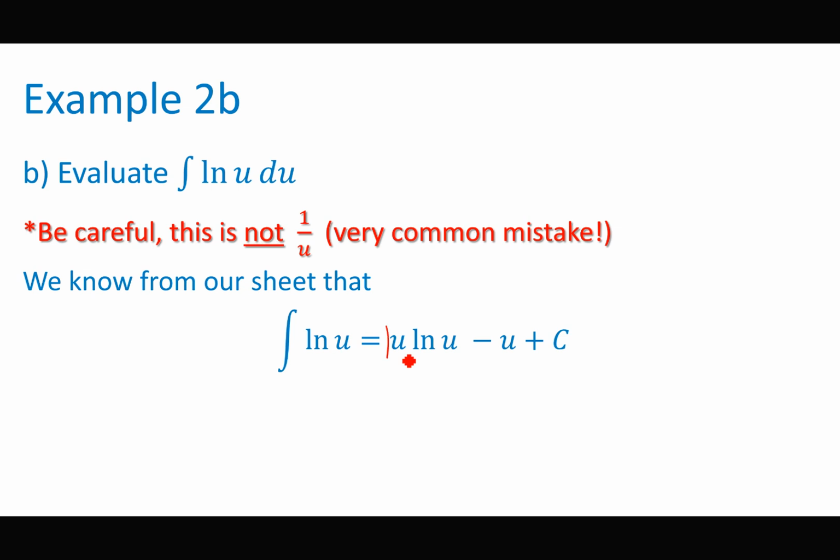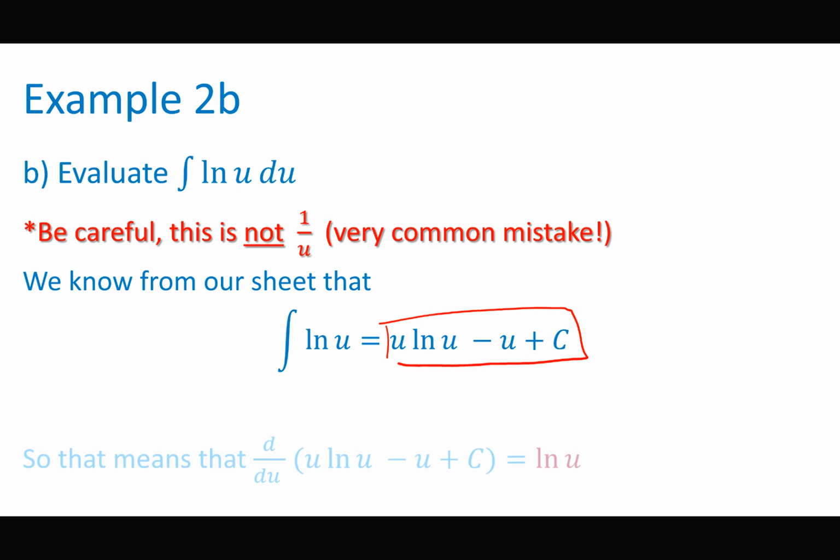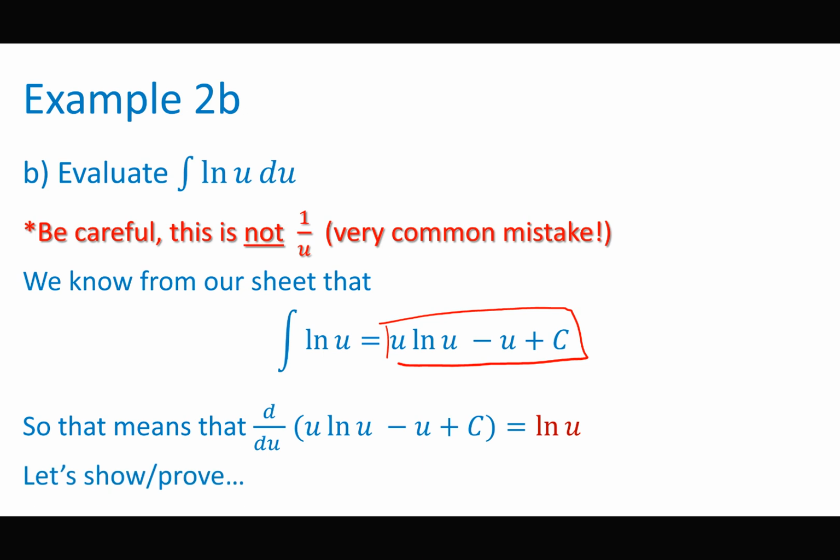All right, this one's kind of nasty. u natural log of u minus u. Like, how am I going to remember that? Okay, let's actually show or prove that this is true. So that means if I take the derivative of this red box, u natural log of u minus u, I will end up back at natural log of u. Let's show that.